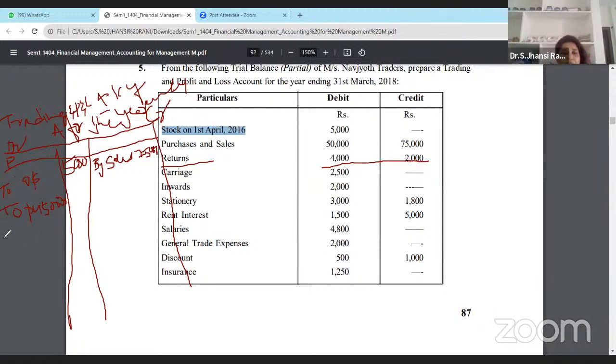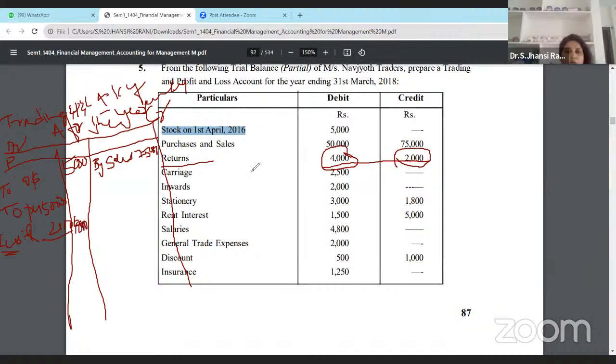So for purchases, first I'll write in the inner column less returns. And the returns amount is where? Debit column is not the purchase returns. Credit column is the purchase returns, because we are returning back. Goods are going out. Yes. So here I write amount is 2,000. So now what is the value of purchases? 50,000 minus 2,000 comes to 48,000.